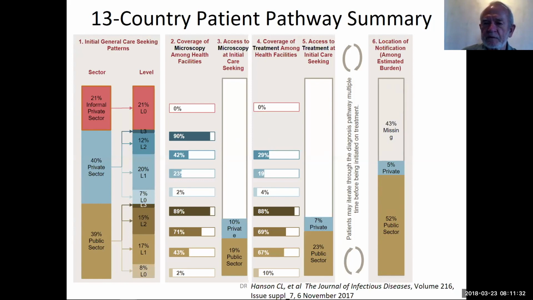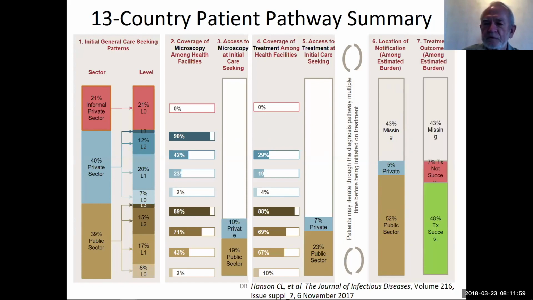It's estimated about 5% of private patients are notified, and more than 50% of public sector patients are notified. So there are problems both in the public and private sector in terms of case notification, which means there are problems in assessing outcomes. We really don't know the status of these patients and how effective treatment has been.